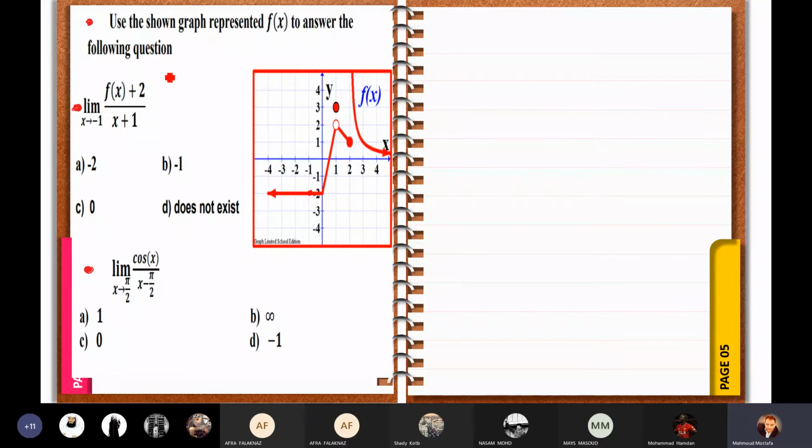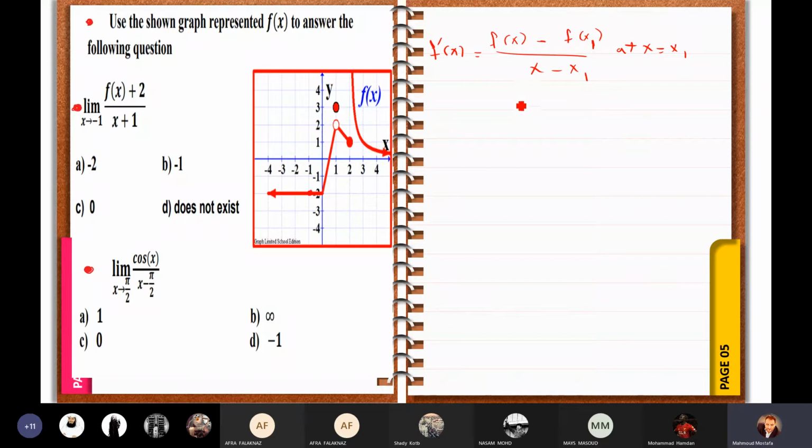Okay. You remember when we said f of x minus f of x1 over x minus x1, this is what? The derivative of f of x at x equal x1, correct?